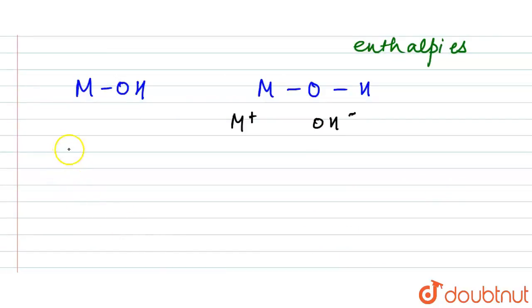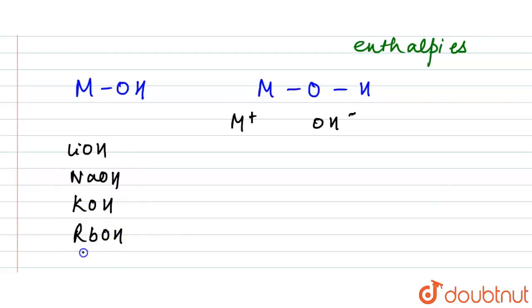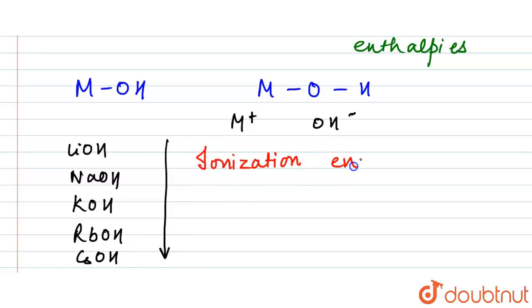Here the hydroxide sequence is LiOH, NaOH, KOH, RbOH, and cesium hydroxide. As we move down the group, the ionization enthalpy decreases. Due to that, the M-OH bond is more and more easily cleaved.